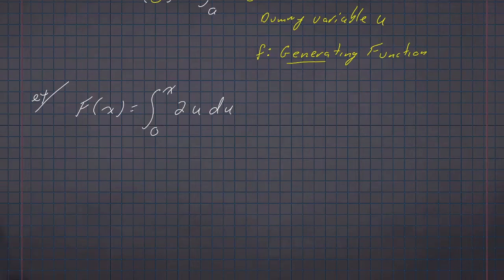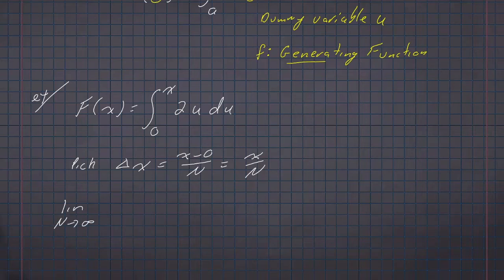So we're going to pick delta x to be x minus 0 over n, which is just x over n, and evaluate the limit as n goes to infinity of the sum k goes from 1 to n of our function 2u evaluated at a, which is 0, plus k times delta x, and we multiply that times delta x.